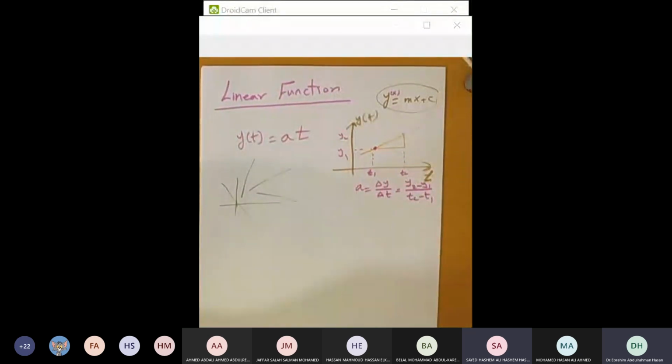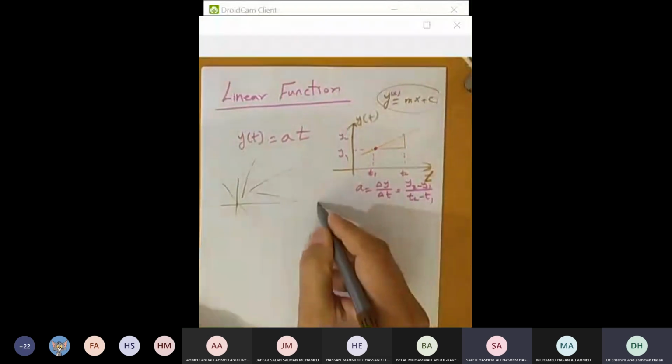It is an open question, so you can draw any straight line. Okay, but if I say, draw a line with a slope equal to 5, for example, or a slope equal to 1, or a slope equal to 2, again it is not enough information.